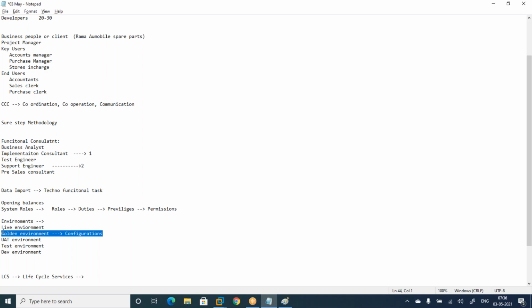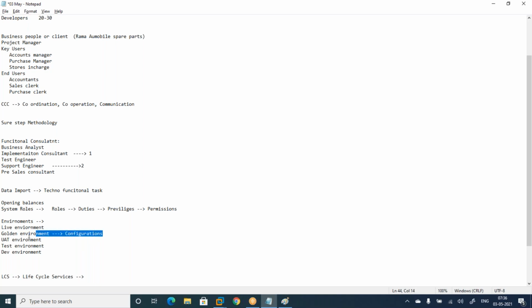But sometimes they may not have. Then they will make one document properly, and that document will not be touched by everyone. Only a very important person, project manager, or some key person can touch and modify that document. They will maintain the versions of that document, and they will change the environment details.